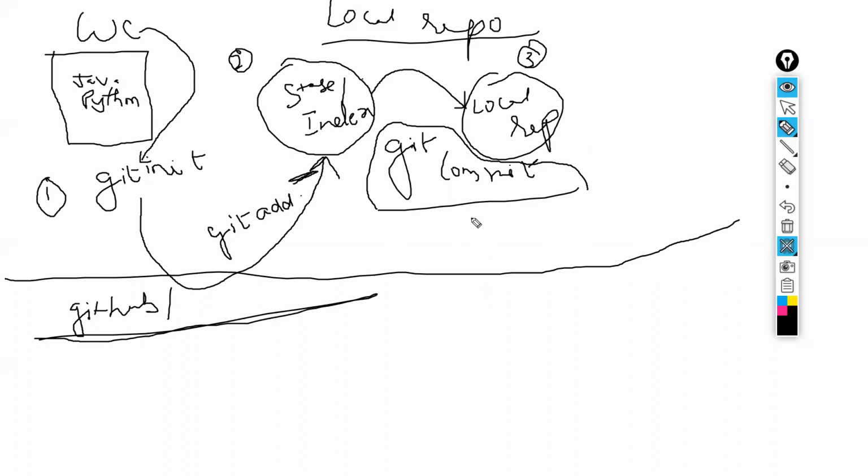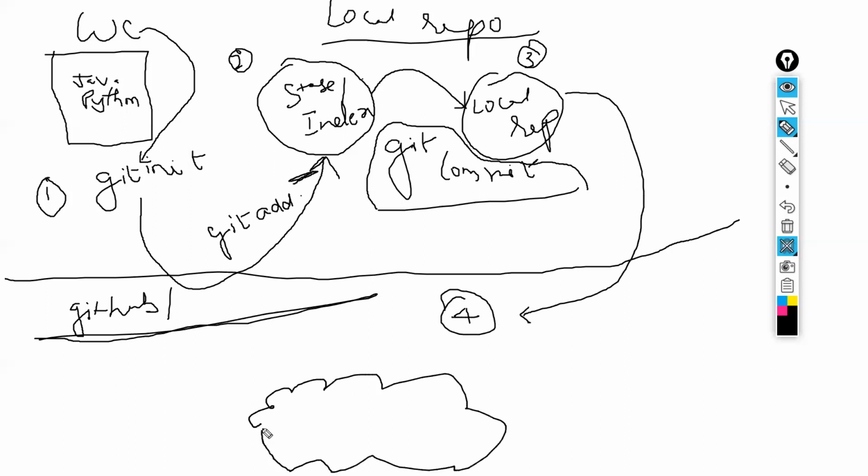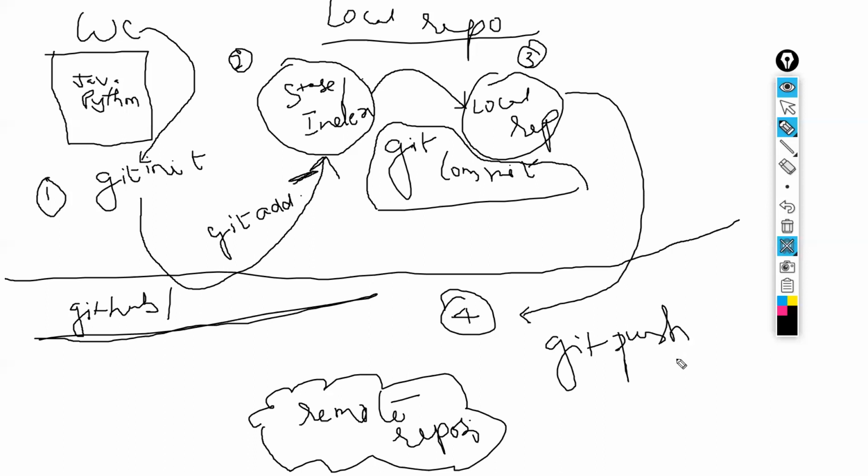Okay, so now to push this from local repository to remote repository, we need to use a command called git push origin followed by the branch name.